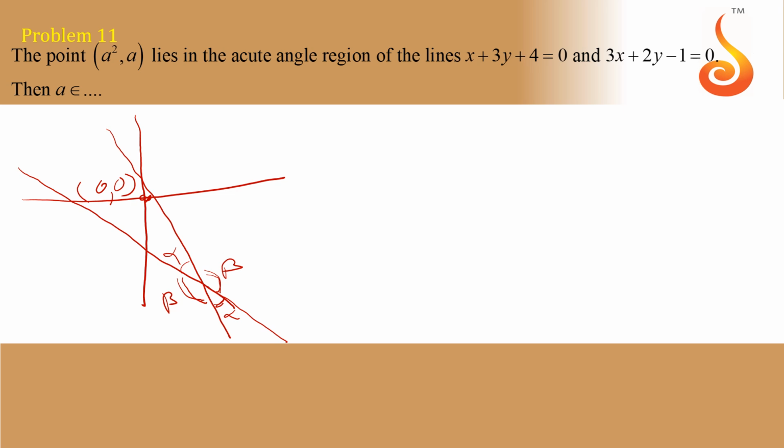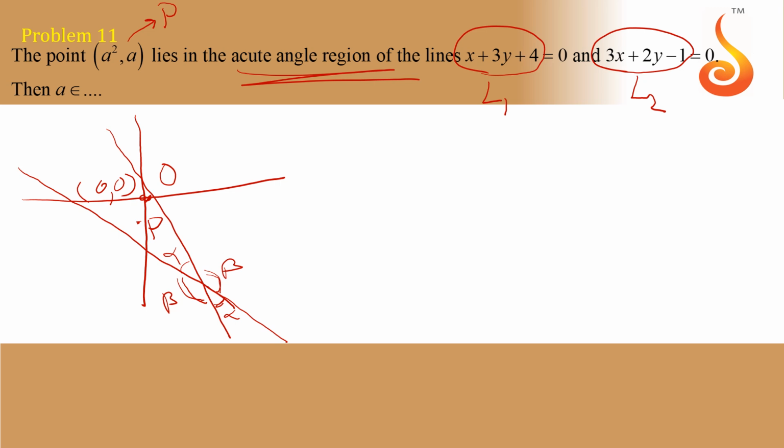Then let us assume this point (a square, a) is some point P. I am naming it as P. He said that it is in the acute angular region. Suppose it is here, P is there and O is the origin, and assume that this line is L1 and this is L2.